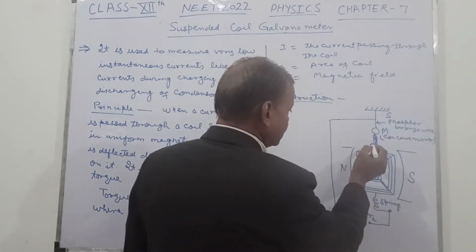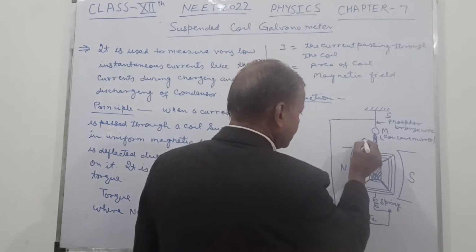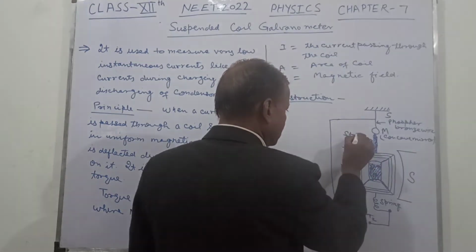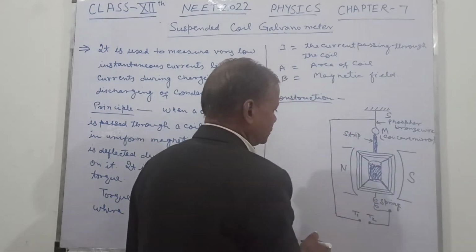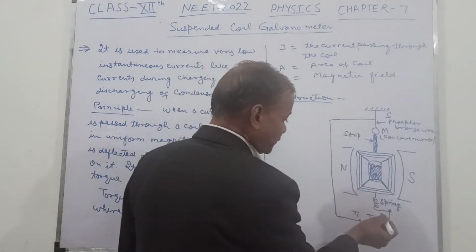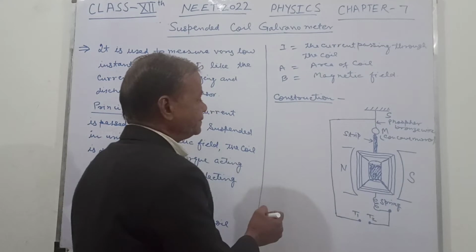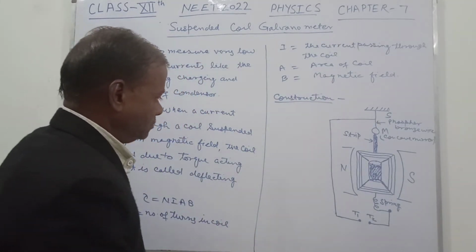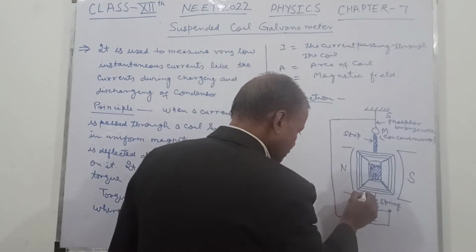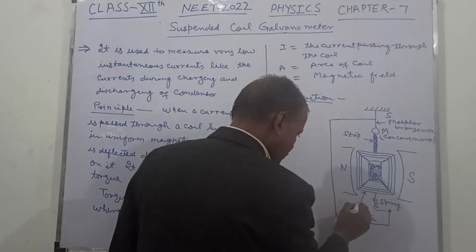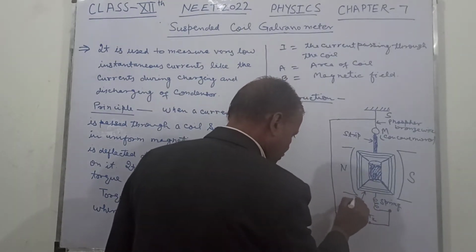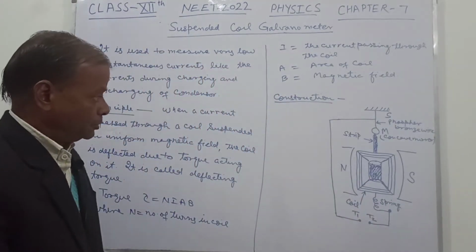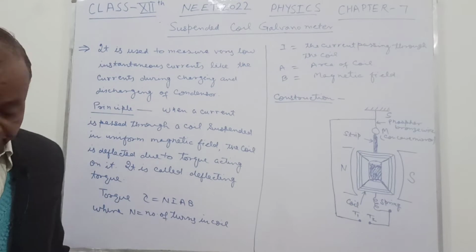This is now a strip. This is soft iron. This is the coil. So this is the construction of this one.